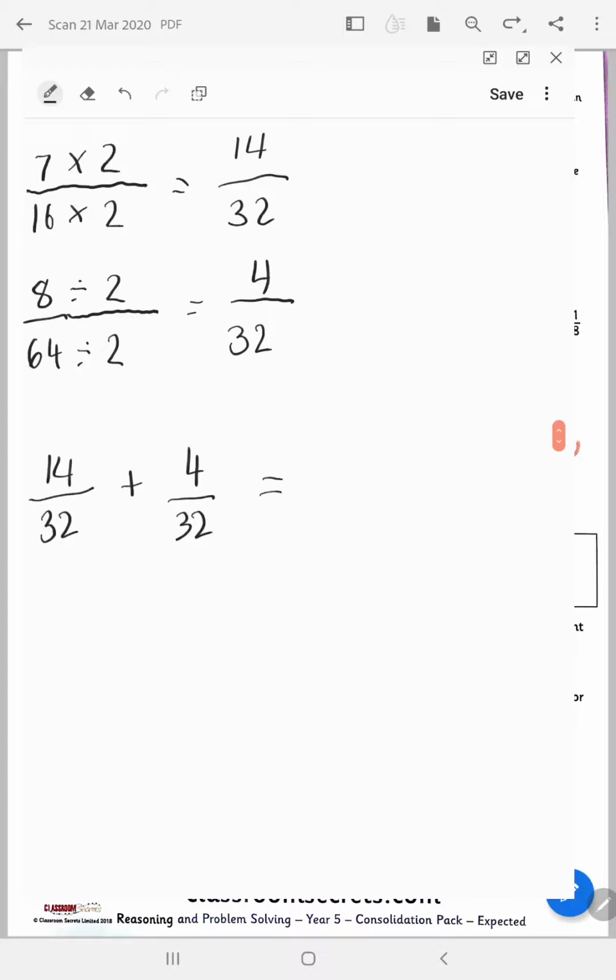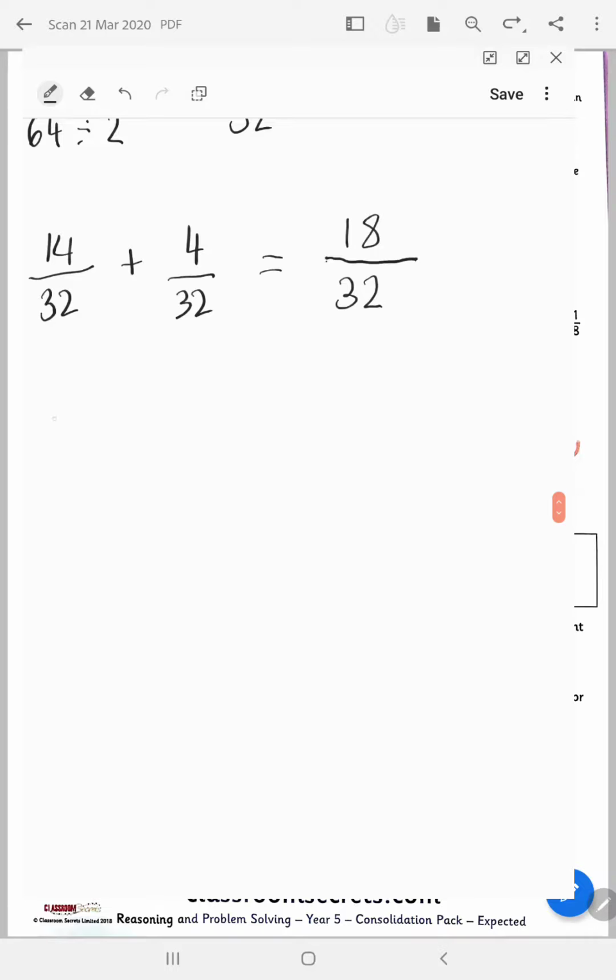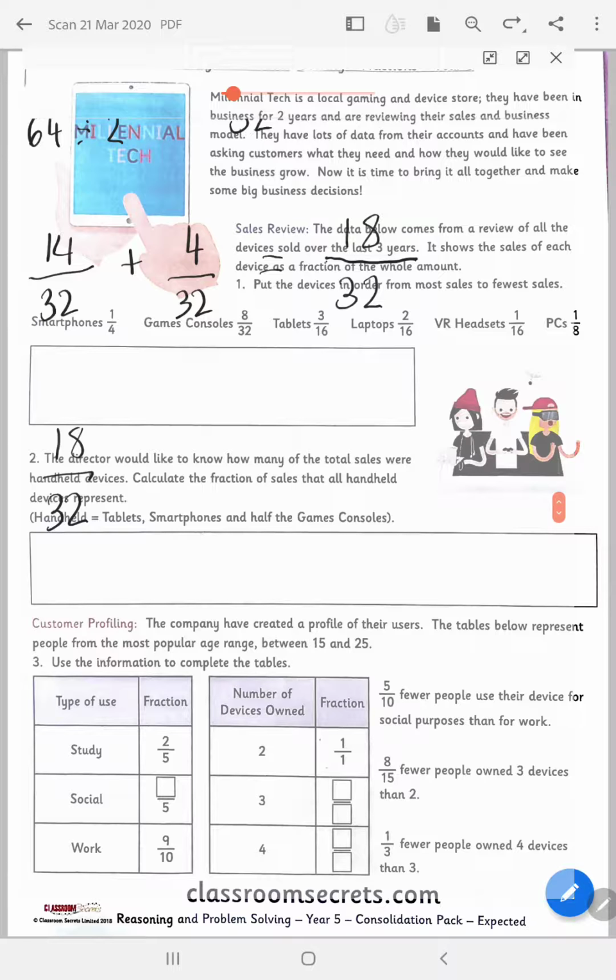And when adding with the same denominator, your denominator does not change. You're just adding the numerators. So now we've got 18 over 32. That is the fraction of the total sales of those different devices added together. The tablets, the smartphones, and half of the games consoles.